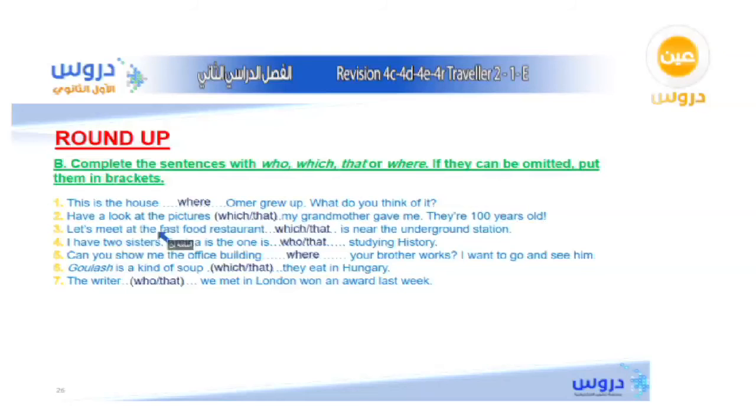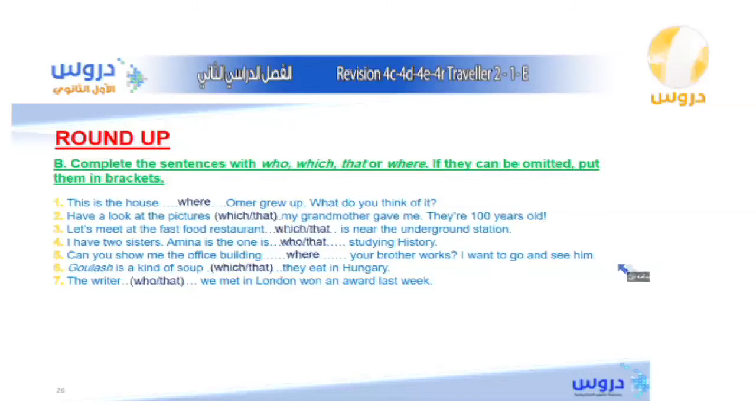Number three, let's meet at the fast food restaurant, which or that is near the underground station. Number four, I have two sisters. Amina is the one who or that is studying history. Number five, can you show me the office building where your brother works?